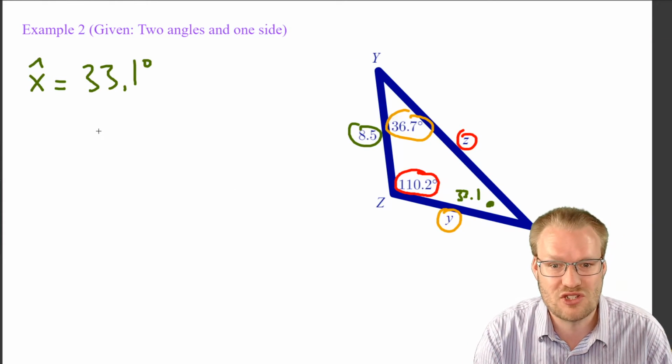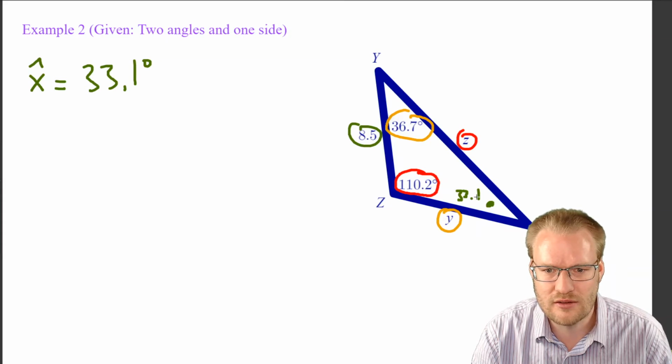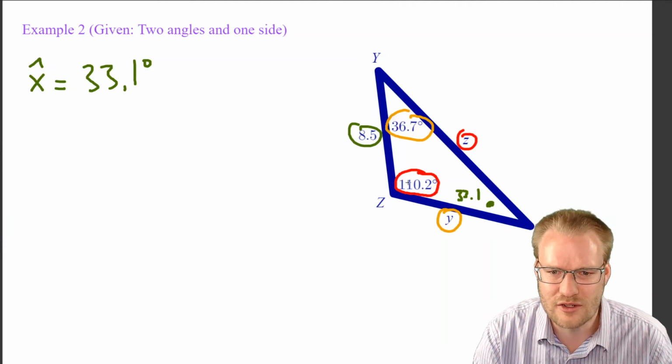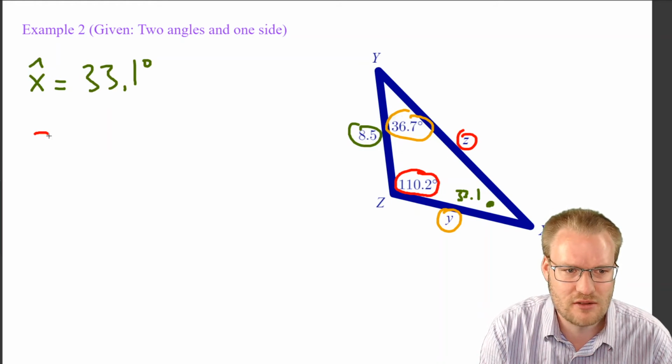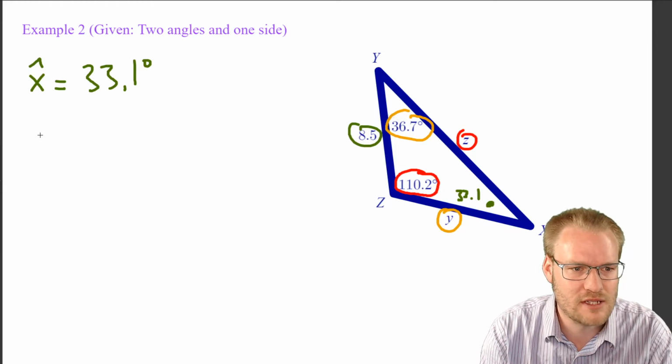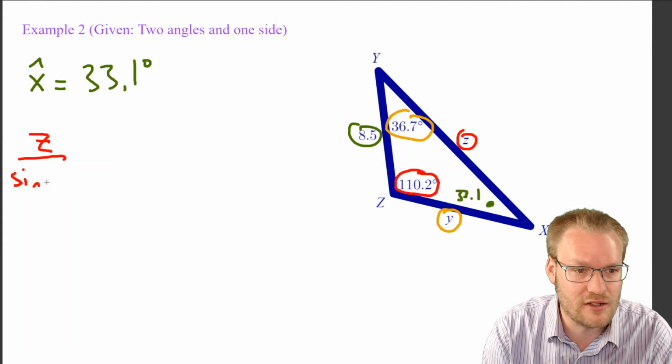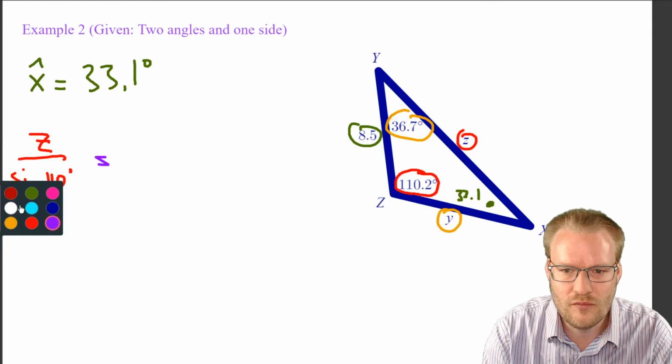And now we can just run through going, well, sine of an angle over a side. And from here we can really run it home because we've got this Z. I always put my Z's with something through them like that, so they don't look like 2's, over sine 110, and that's going to be equal to, well, it doesn't really matter.